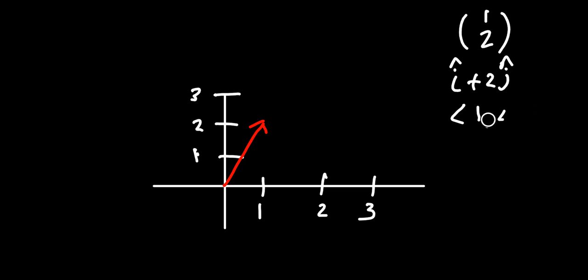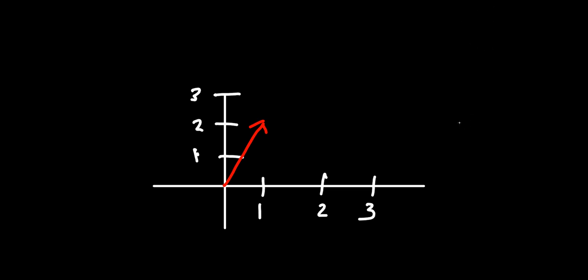Now, let's get into the magnitude of vectors. The magnitude of a vector is essentially the length of the vector. We're going to give this vector a name. Let's call it A, and when we label vectors, we put an arrow symbol on top of them.